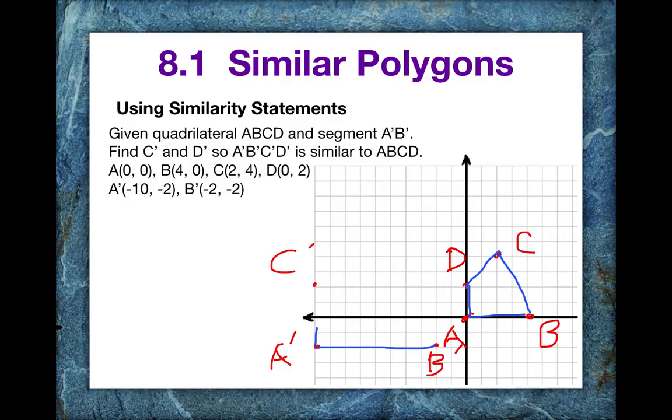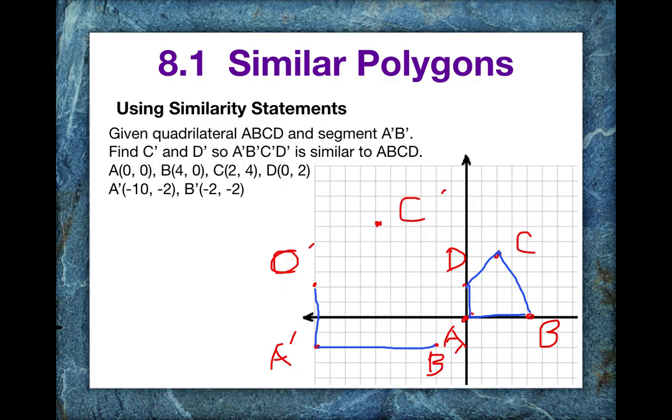And then connect that. We also have, I'm sorry, that's going to be D. So let's fix that. That's going to be D, D prime. And then to find C, we know that we go over 2, 1, 2, and then up 2. So that means we're going to go over 4 and up 4 and put a point there.